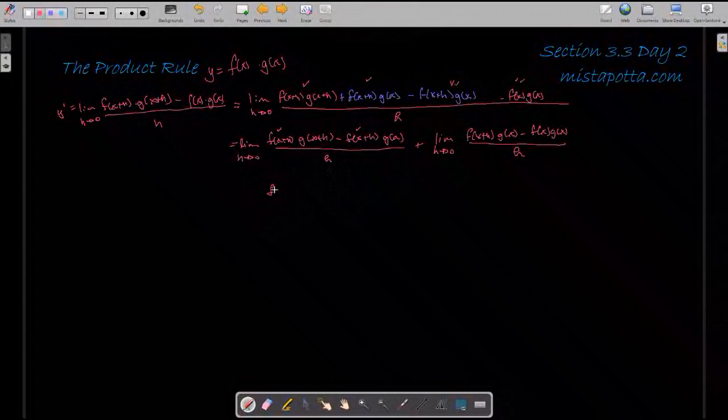I could factor out f of x plus h. And if I do that, I'm left with g of x plus h minus g of x over h, the limit as h goes to 0.